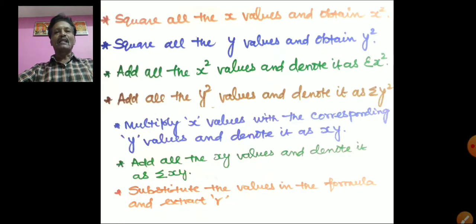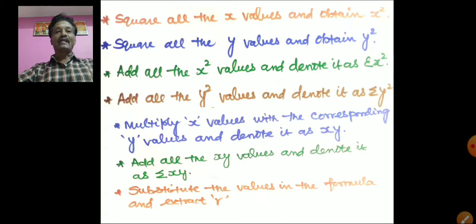Then after calculating small x, we have to square all the small x values and obtain x square, right? Then you square all the small y values and obtain y square.